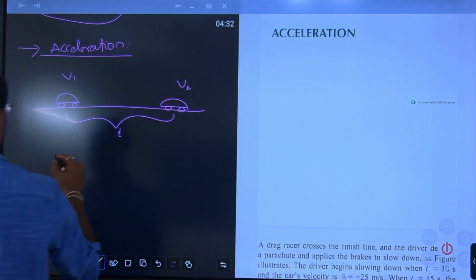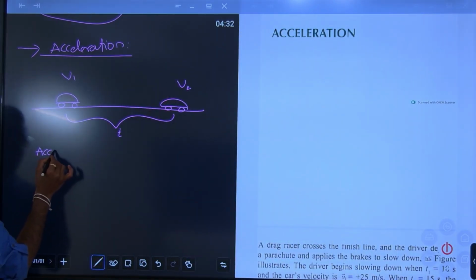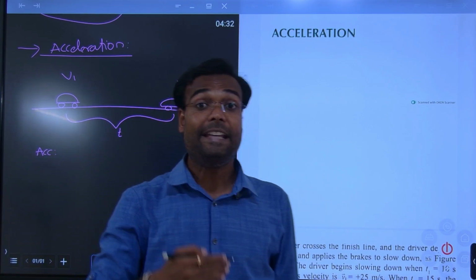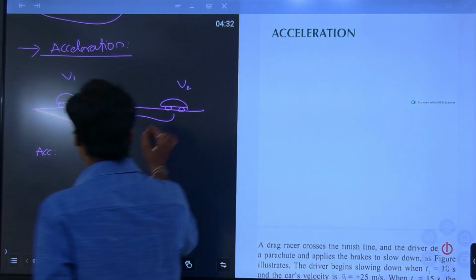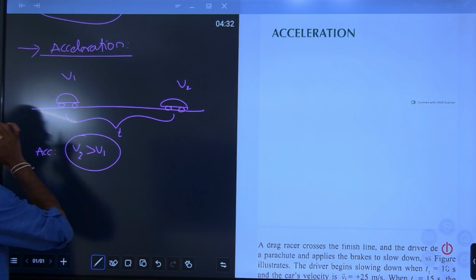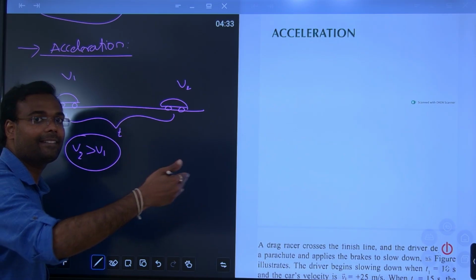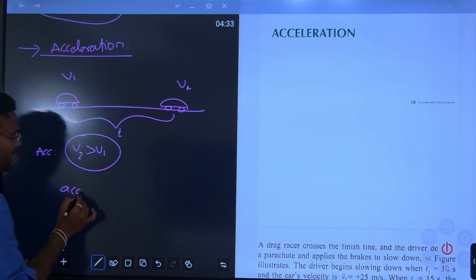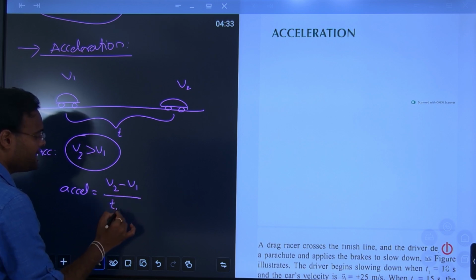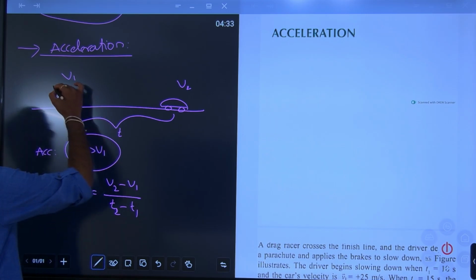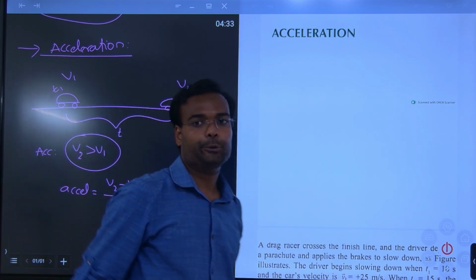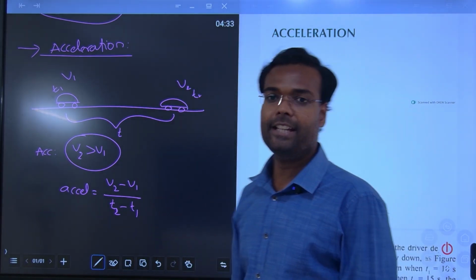We have two cases. Number one is acceleration. Acceleration means as time passes, the velocity of the object is increasing. That means in this case, v2 is greater than v1. If that is the case, we can say that the object is accelerating. So acceleration equals change in velocity by change in time, that is t2 minus t1. This is what acceleration is.